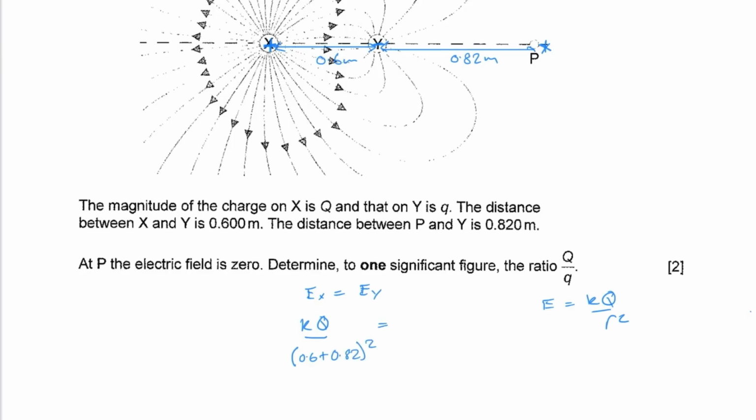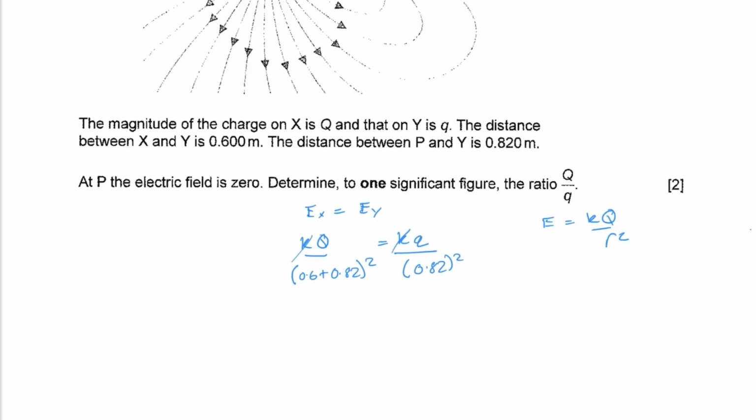And the electric field strength equation for Y is going to be k small q over 0.82 all squared. Cancel out the k's and let's cross multiply. So we've got Q times 0.82 squared equals small q times 0.6 plus 0.82 all squared.